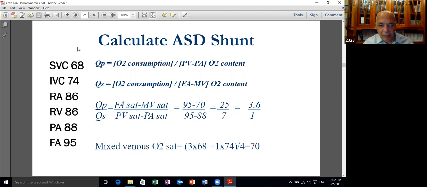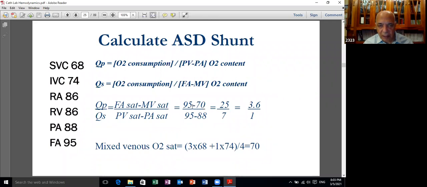In the previous diagram that I showed, these were the measurements. If you substitute these figures into the equation, it turns out that the shunt is more than 3.5 to 1. Anything more than 1.5 to 1 is significant. The mixed oxygen saturation in patients with atrial septal defect, as I told you, is 3 times the superior vena cava oxygen saturation plus 1 times the inferior vena cava oxygen saturation, divided by 4, so you get 70, and 70 is used here for the mixed venous oxygen saturation in the systemic circulation.